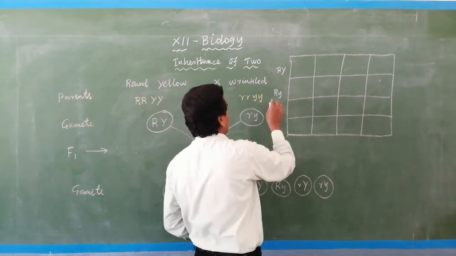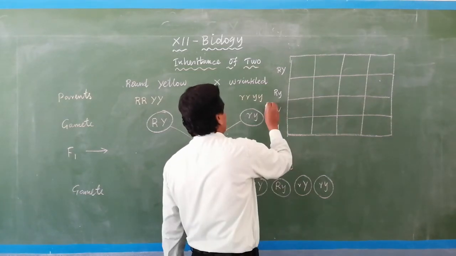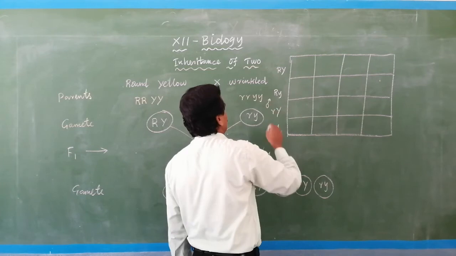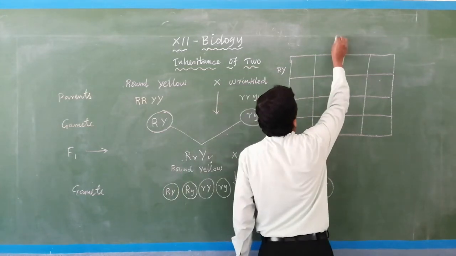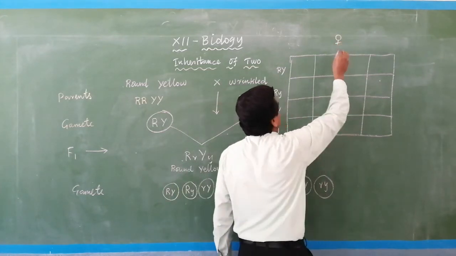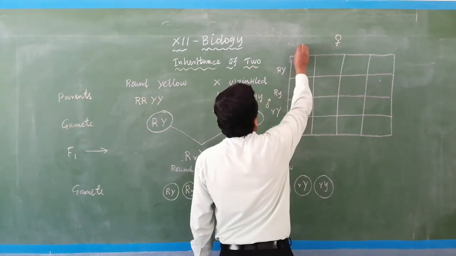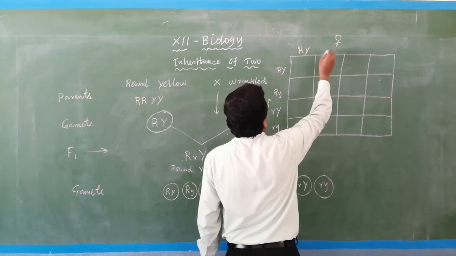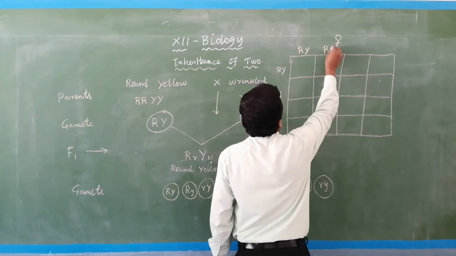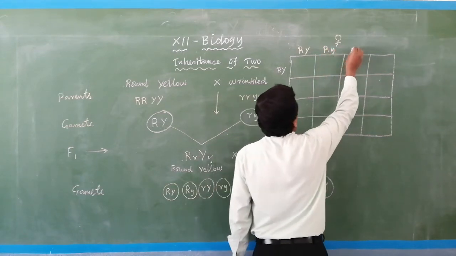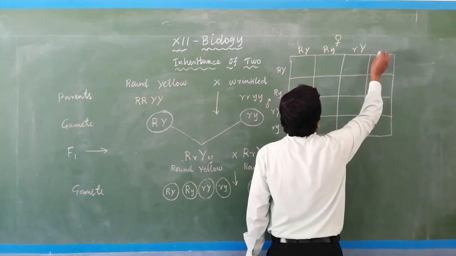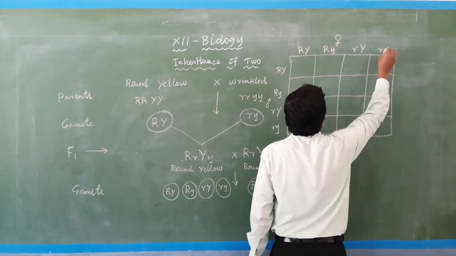One side is used for male and the other for female. The same gametes are produced on both sides.